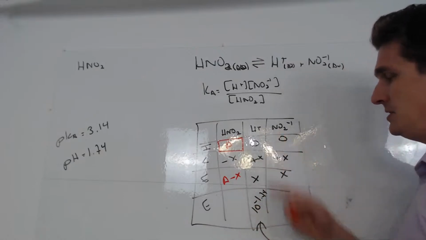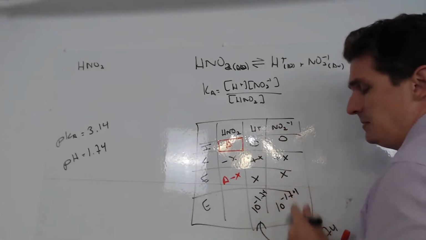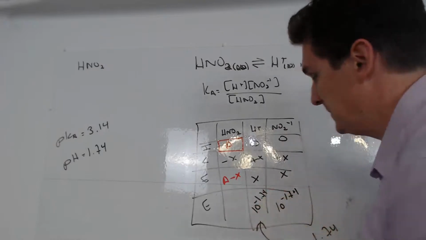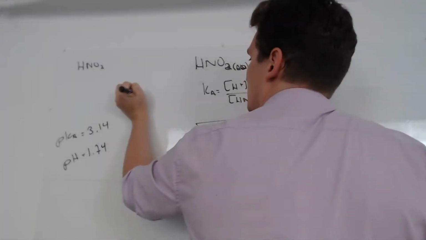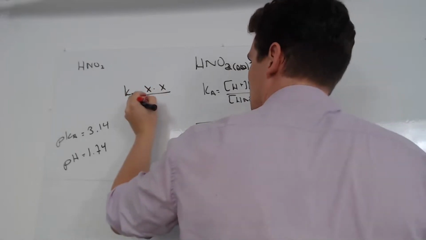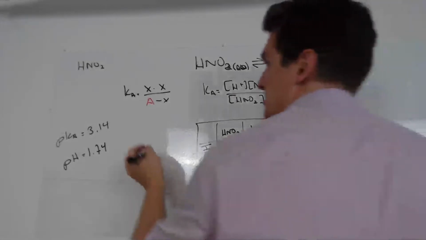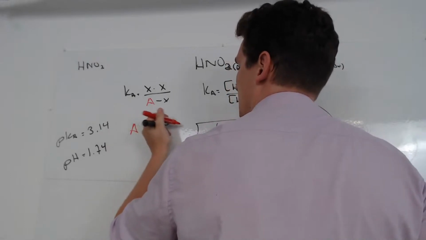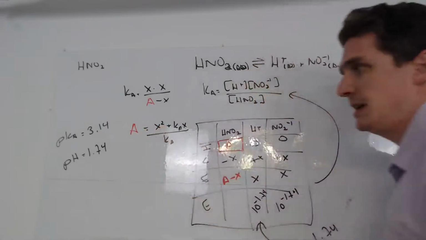We know that the concentration of nitrite equals the concentration of H plus, which is 10 to the minus 1.74. And we know from this equilibrium value that X equals 10 to the negative 1.74. If we plug this row in, we get Ka equals X times X all over A minus X. If we rearrange and solve, we get that A equals X squared plus Ka times X, all over Ka.